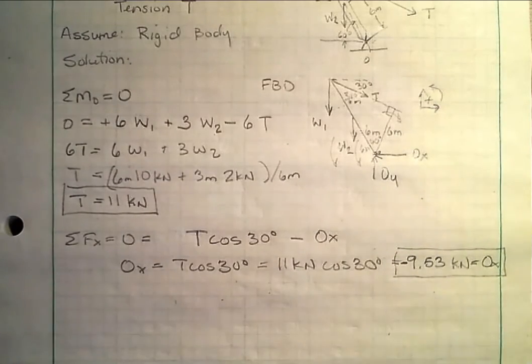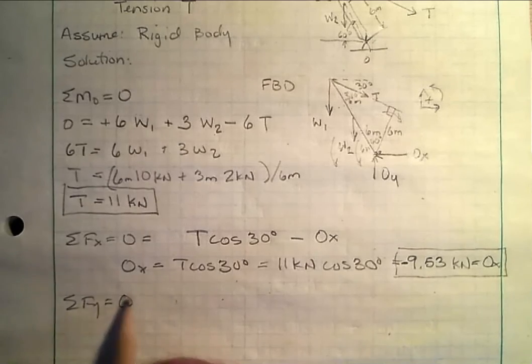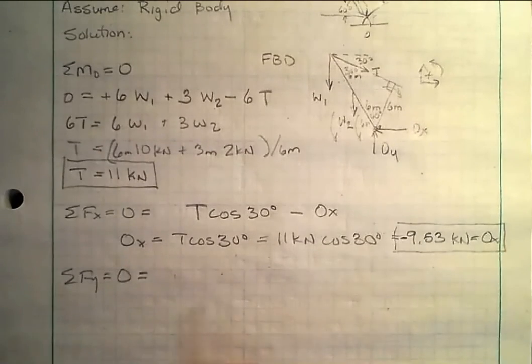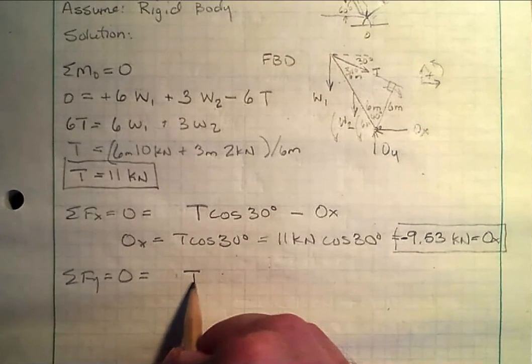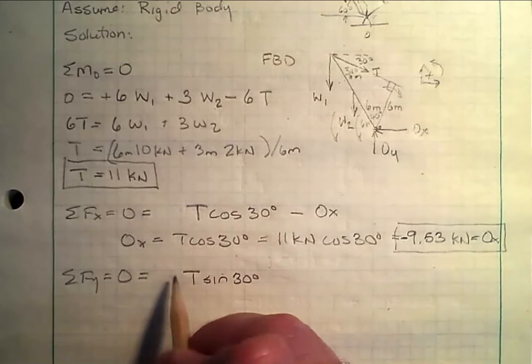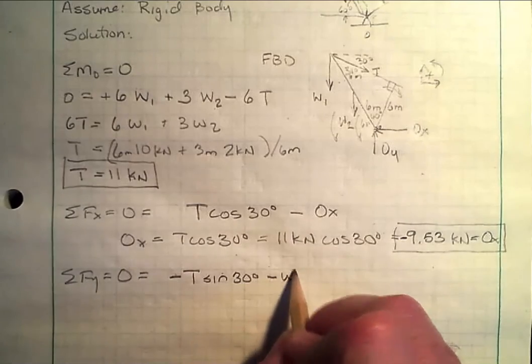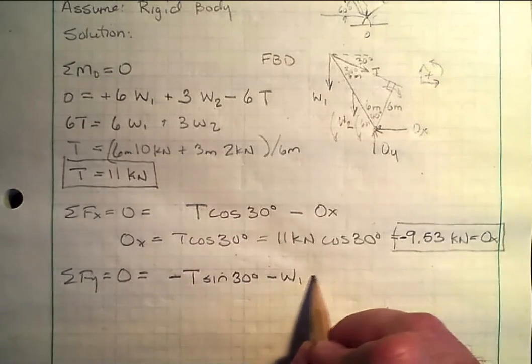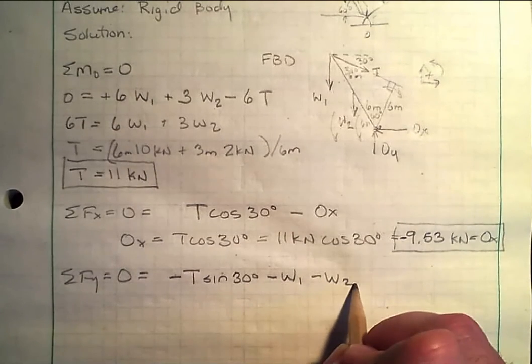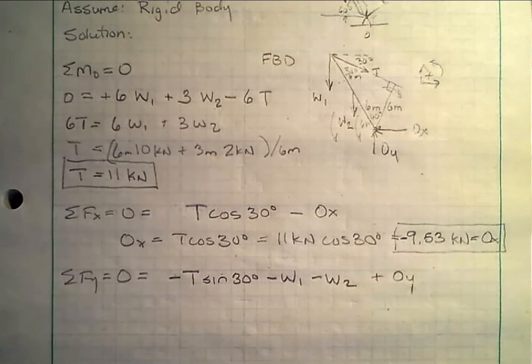Right? And now if we want to do forces in the y direction, they have to equal 0. Well, we have T sine theta, in this case sine 30 degrees, right? And of course this is negative because it's acting down. We have minus W1 and minus W2 and plus O sub y. O sub y is really the only force that's acting upwards.